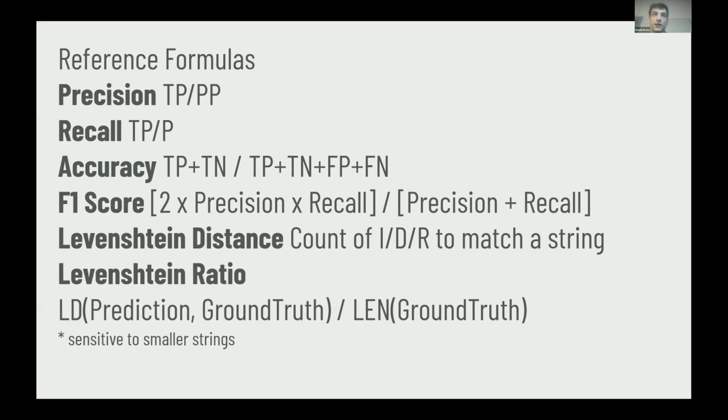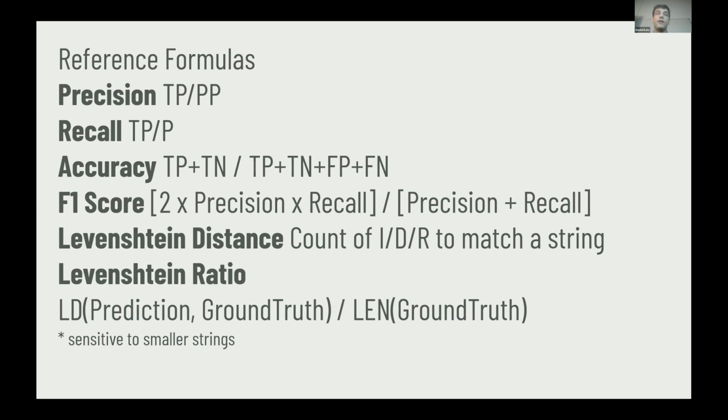It's going to be an integer value. And the Levenshtein ratio is going to be the Levenshtein distance between a prediction and a ground truth divided by the length of the ground truth. In our research, we have observed that there are different variants that we can apply to this Levenshtein ratio, such as summing the length of the ground truth plus the length of the prediction.